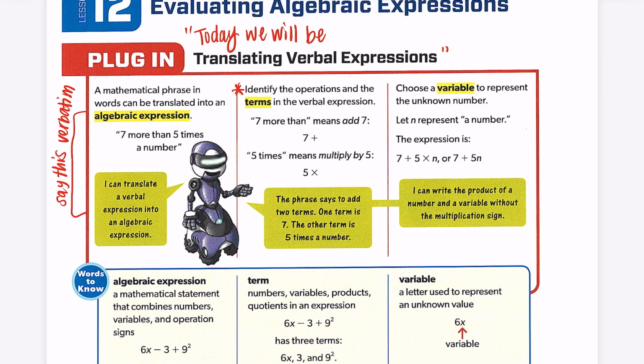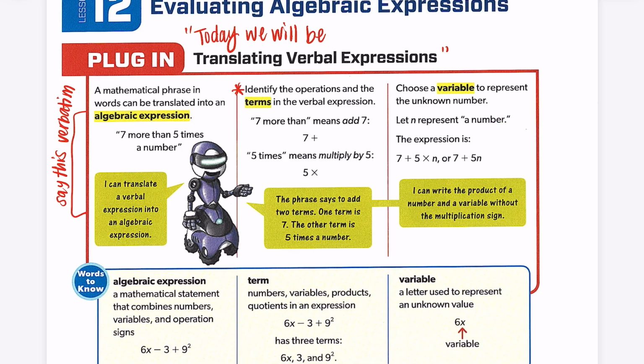So we have focused on 7 more than 5 times. The last piece that we are missing is a number. The last step tells us to choose a variable to represent the unknown number, letting n represent a number because n is the variable.